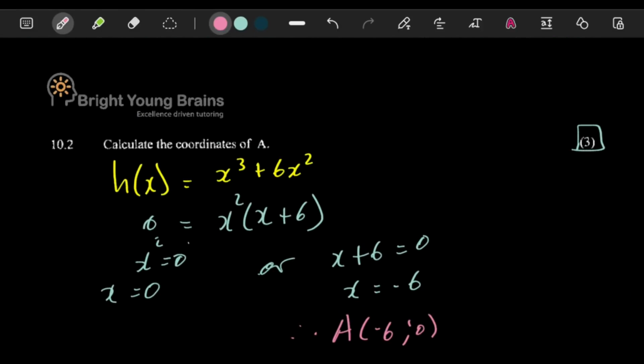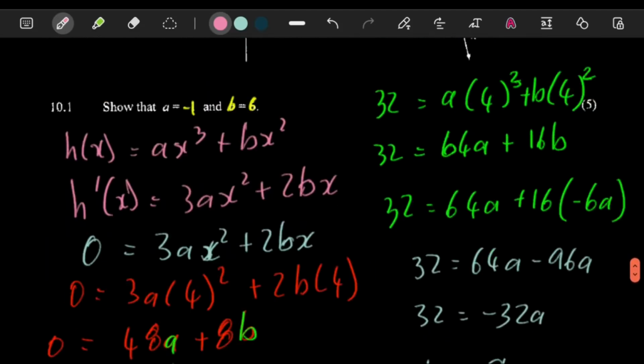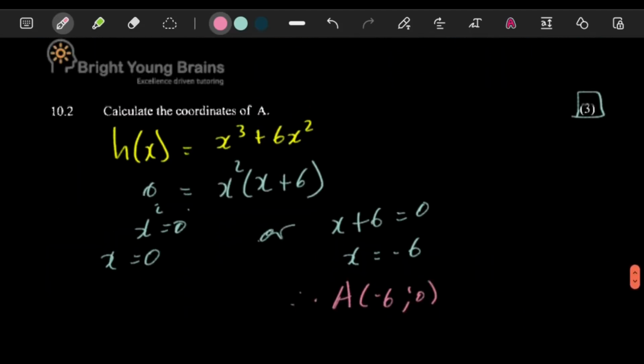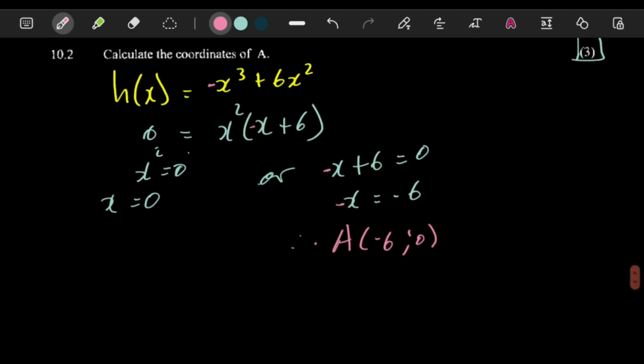This is not fair, it's not making sense. But how? Oh, a is negative. I forgot to put a as a negative here. So this becomes a negative, and then this is a plus, because if you divide by a negative on both sides, x is 6. Whew, thank goodness.